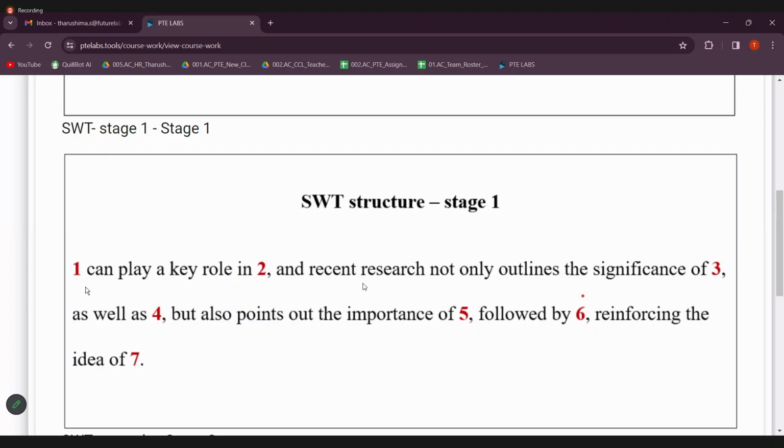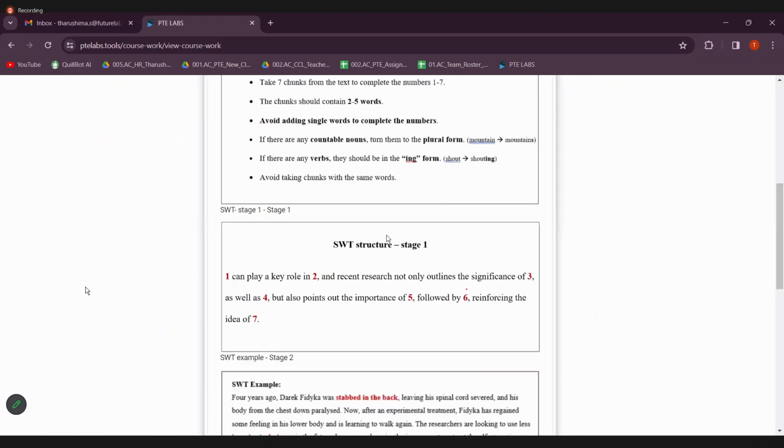That's why we want you to practice this in a notepad, because even in the test, there won't be any auto corrections. So first learn this by heart as it is, then practice typing it as it is in a notepad, right? So this is the structure.